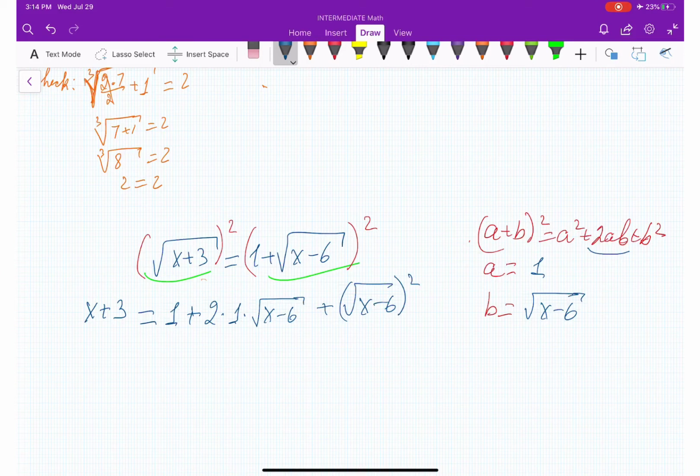So what do we get? x plus 3 is equal to 1 plus 2 square root of x minus 6, because 2 times 1 is 2, plus, x minus 6 squared, it's a radical, so clean x minus 6 comes out.